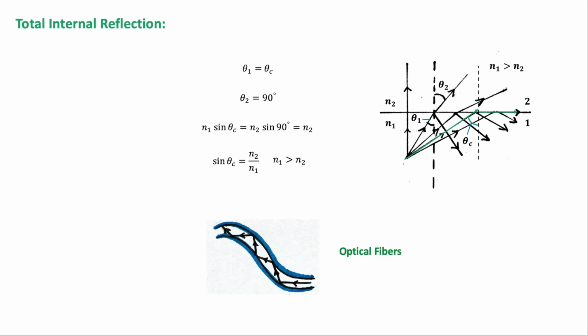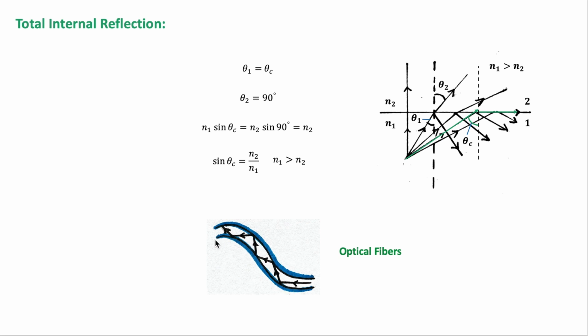So one application of total internal reflection is in fiber optics, where transparent plastic rods are used to transport light from one place to another, carrying information at an extremely high rate, okay? As you can see in this figure, because of total internal reflection, light is confined to the rod.